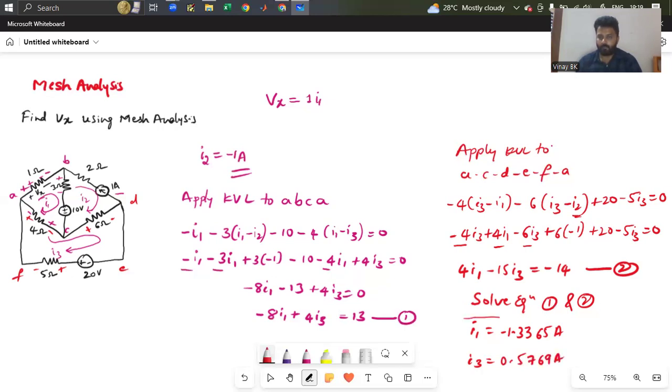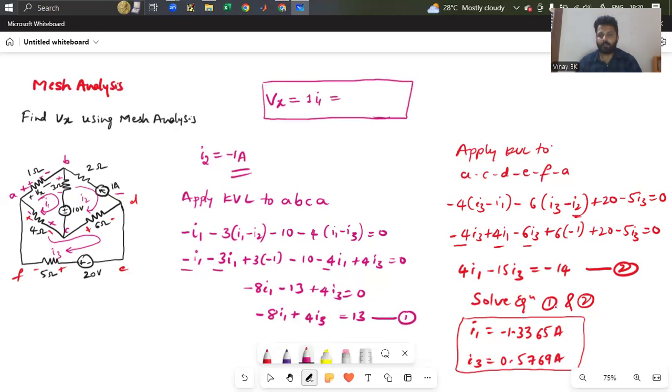So you can get the value of Vx now. We will write it here. Vx is nothing but 1 into I1. So that 1 into I1 is nothing but minus 1.3365 volts.